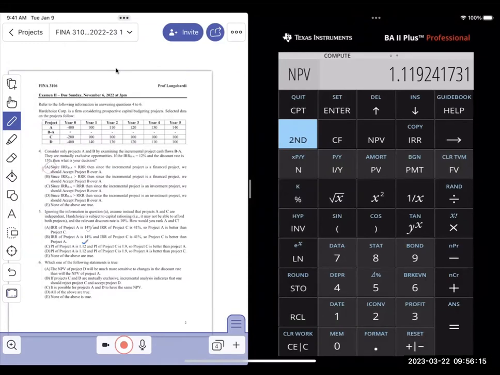And then let's look at C. So let's clear the cash flow keys and put in C. So C is 200 negative, enter, down.